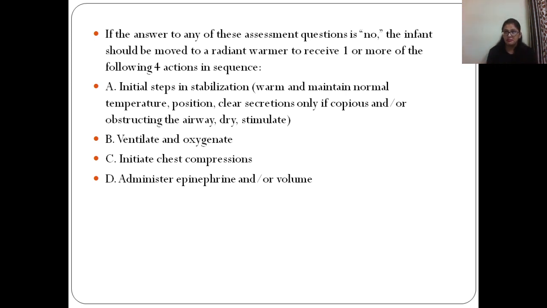The subsequent steps in neonatal resuscitation include ventilation and oxygenation, which may include giving positive pressure ventilation using either a bag and mask or a flow inflating mask or a laryngeal mask airway, or initiating chest compressions if your positive pressure ventilation is not working. And finally, if chest compressions are also not working, then we go on to administer medications such as epinephrine, or we give volume expansion if there is evidence of blood loss.